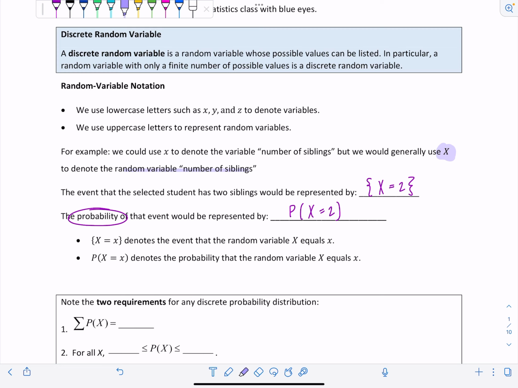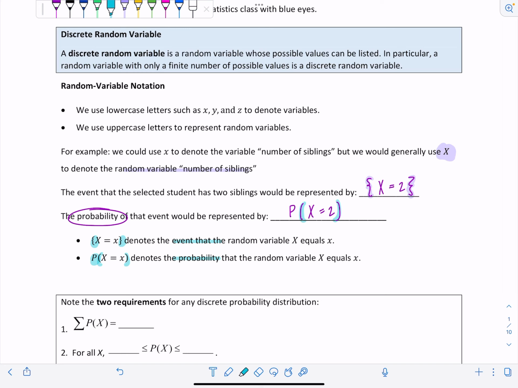So notice the event by itself has braces, but when we describe probability, then we switch to parentheses, all the while keeping the variable X capital. You could do Y, Z, whatever letter, all right? So just keep in mind, braces here just denotes the event by itself, and then capital P with parentheses denotes the probability. All right, that's enough with notation. We'll practice using it. Don't stress too much. It'll come to you naturally as you work through the homework problems, I promise.